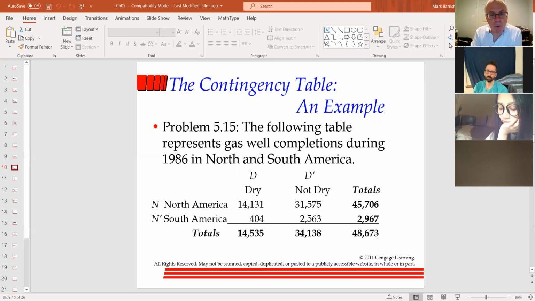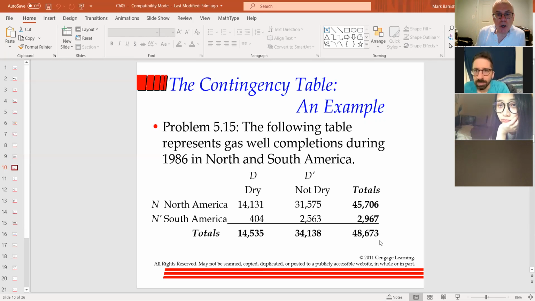How many were in North America? 45,706. Right. How many were dry? 14,131.